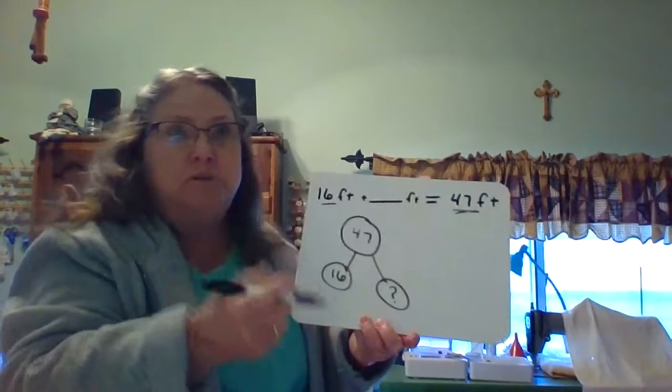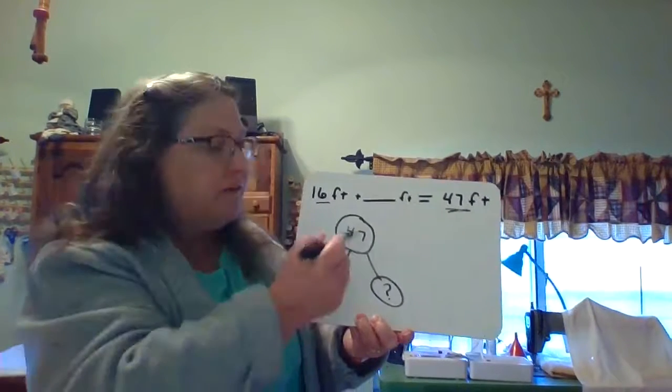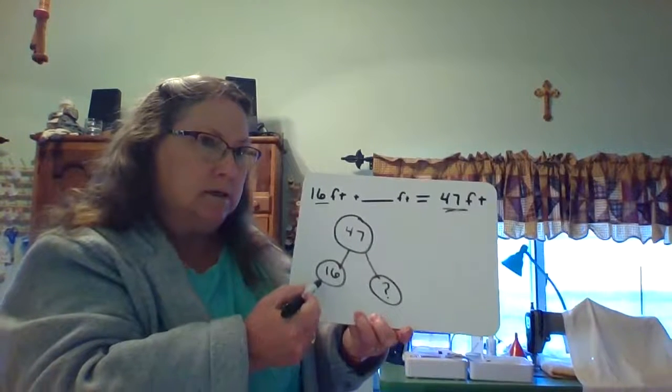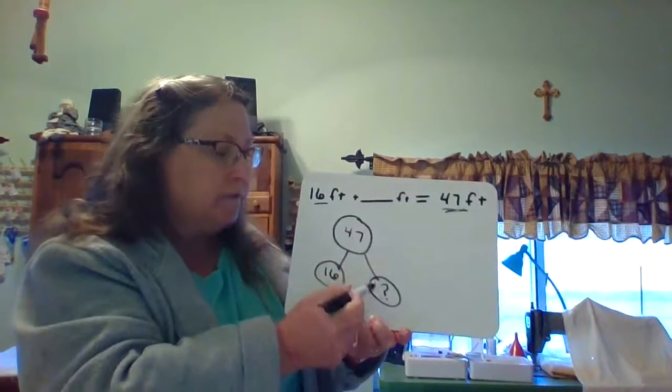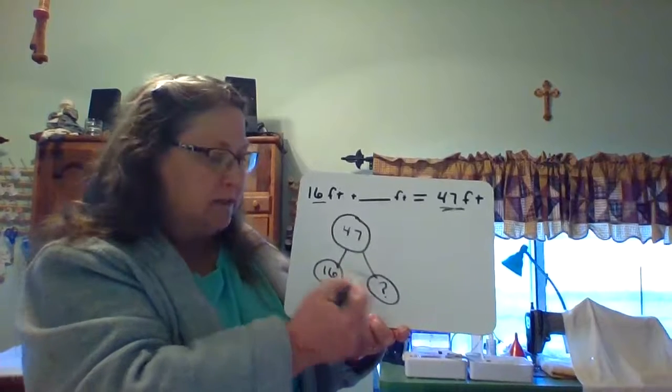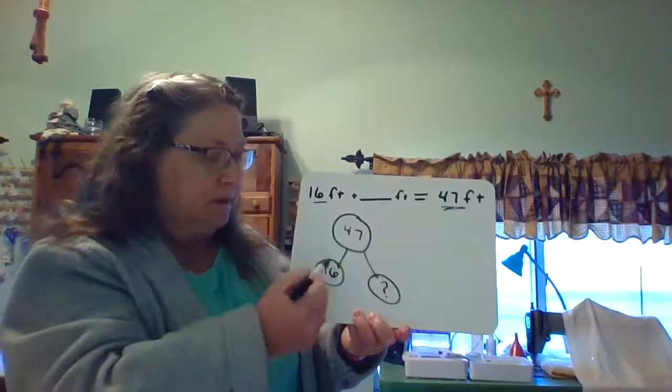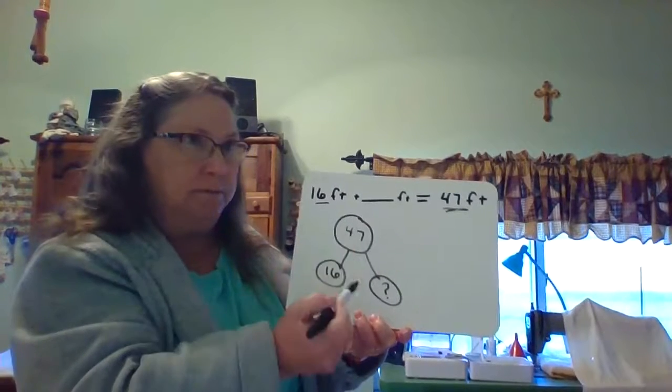Well, let's just do a simple problem. If I know the top and one of the legs, I have to subtract, because the 2 legs equal the top. We got to remember that. The 2 legs equal the top.